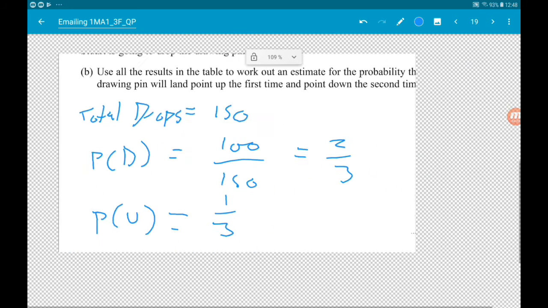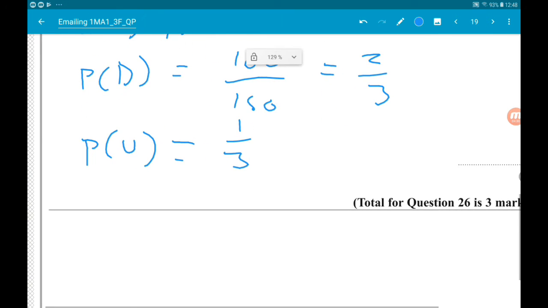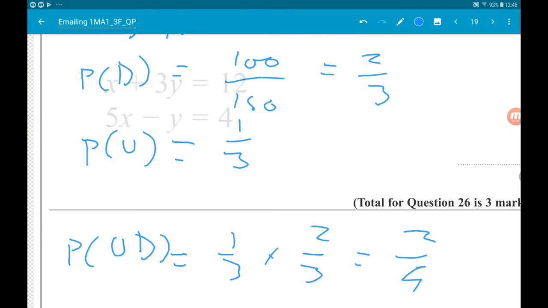Now we want the pin to land up the first time, down the second. So we can say the probability of up, down. Now all that we do is multiply the probabilities together. So it's 1/3 times 2/3, which is 2/9.